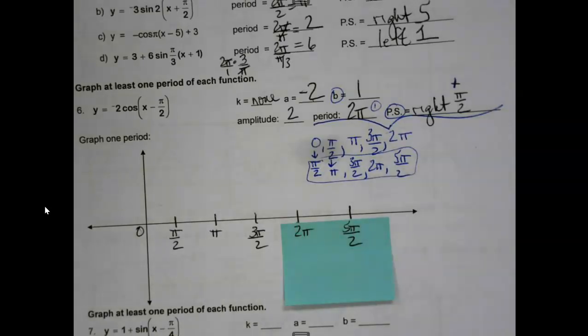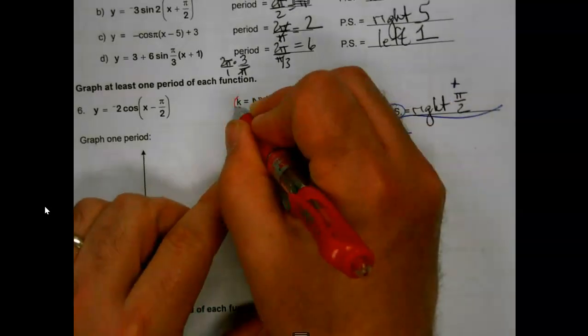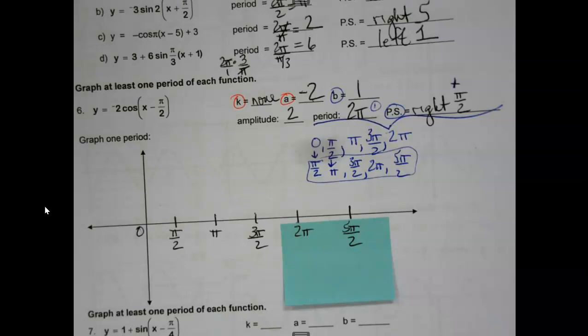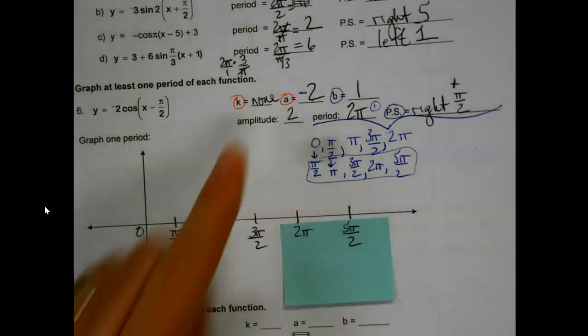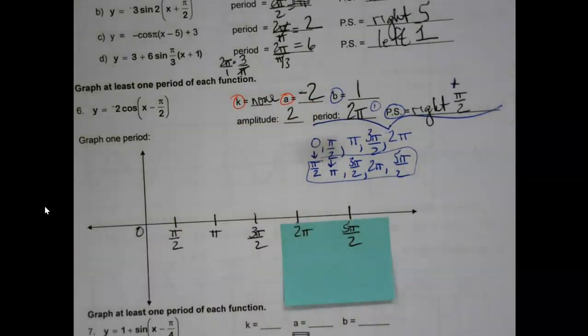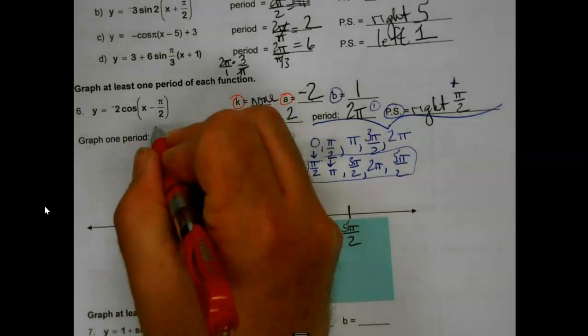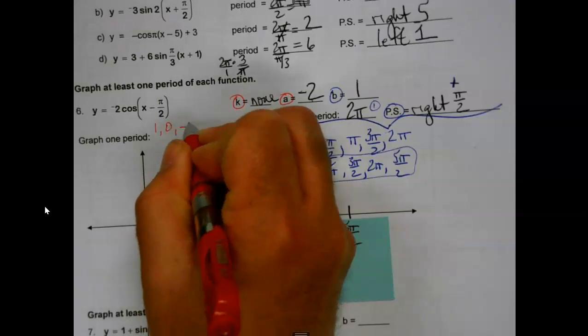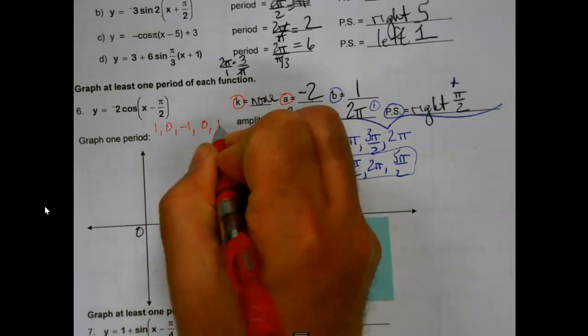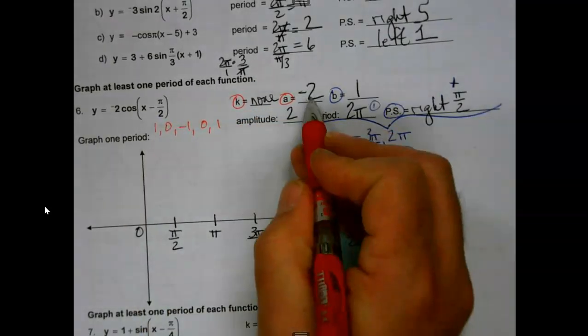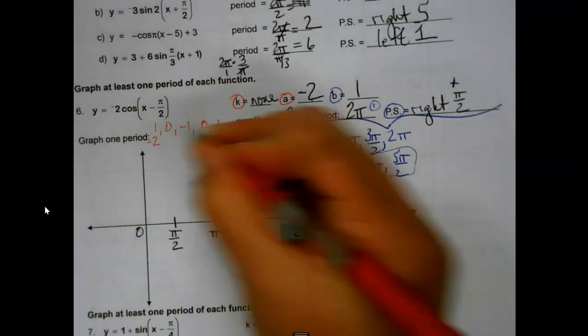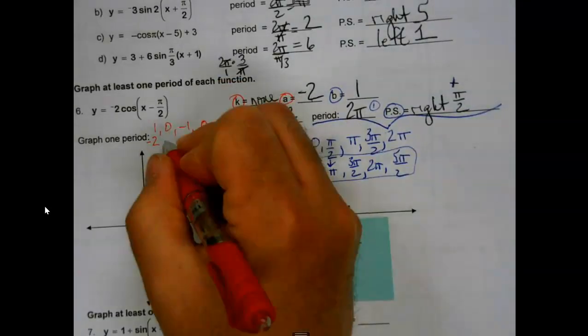So now I've got to deal with my amplitude. These two always go together. We multiply by A and we add or subtract K. So it's a cosine graph that we are going to multiply by -2, because we always do the multiplying part first.